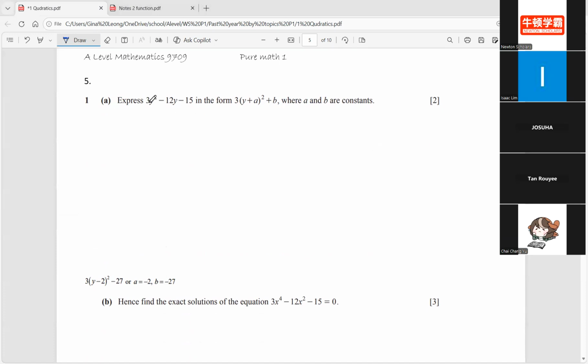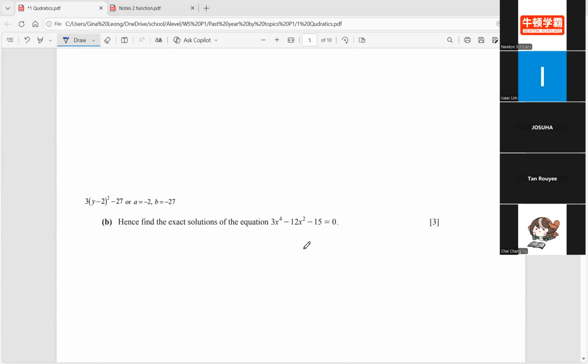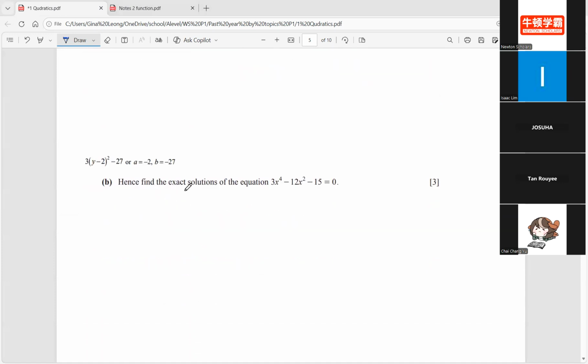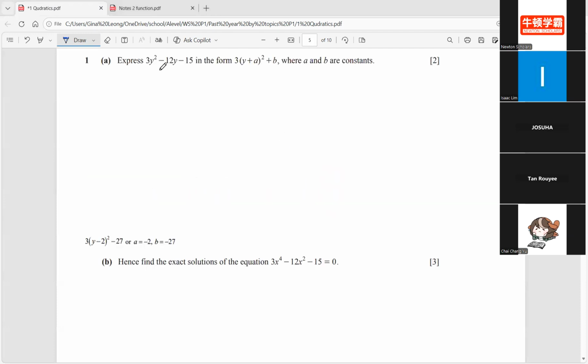Okay, so question 5, I need you to do because question 5 is quite easy. Okay, you have to factorize the 3. After that, you put it in completing square form, then you will get the answer. Then after that, here he asks you to get the exact solution for x power 4. Okay, we can use this one to help us get the solution, because I can set y the same as x squared.